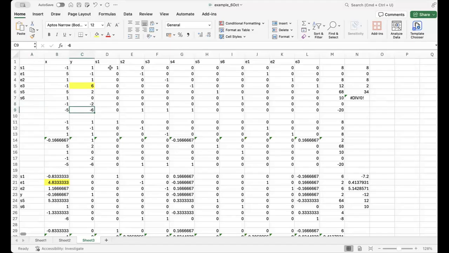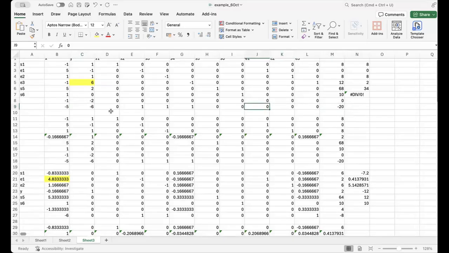Our basic variables must not contain E variables, extra variables. So we look at the most negative coefficient first and we find the pivot element. This is the pivot element.